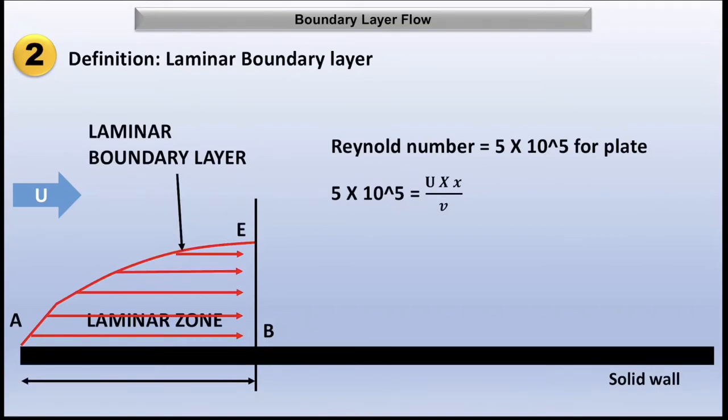Here in this equation, if we put in the values of u and nu, we get the value of x, and the value of x is nothing but the distance of the laminar zone. So this is overall about the laminar boundary layer.